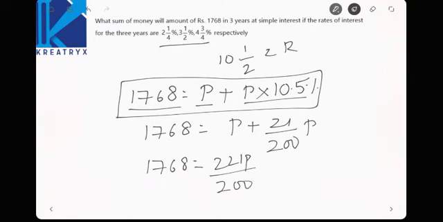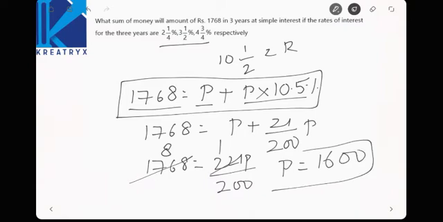Now see here, 221 ones, 221 eights is 1768. Now what is P? 1600. P is the principal amount. Now 1600 amount will become 1768 in 3 years.